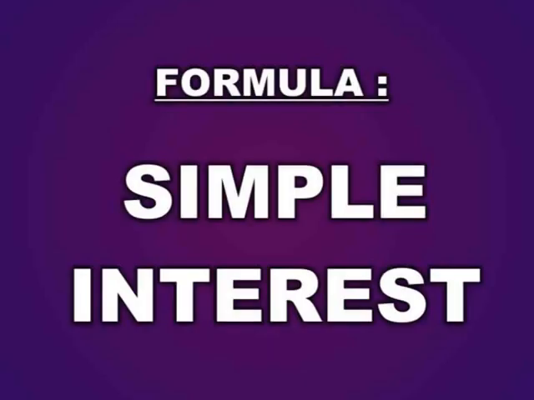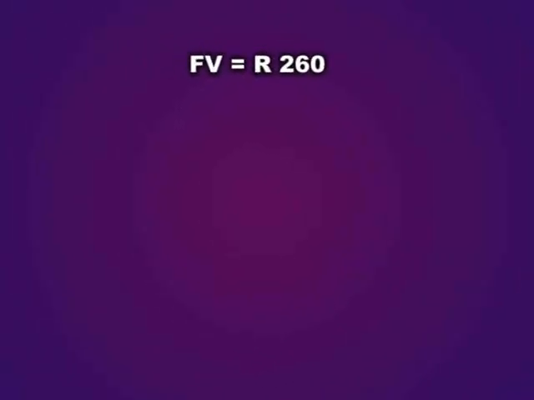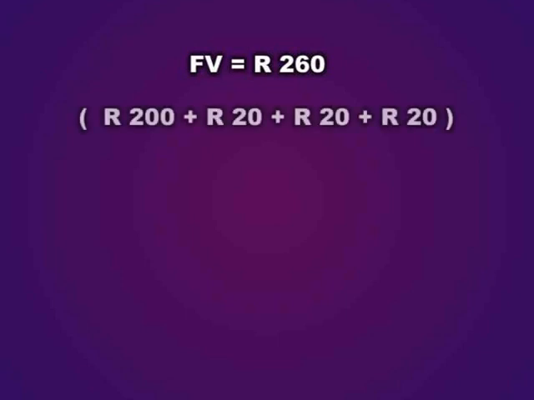Let us use that concept to derive a standard formula which we can use whenever we are working with calculations that involve simple interest. Future value, which we know is 260 Rand, is equals to 200 Rand, which is our present value, plus 20 Rand, which is our interest for the first year, plus 20 Rand, our interest for the second year, plus 20 Rand, our interest for the third year.